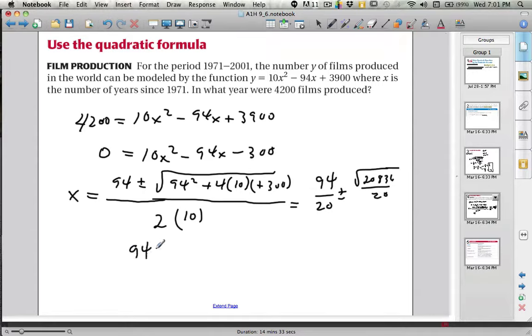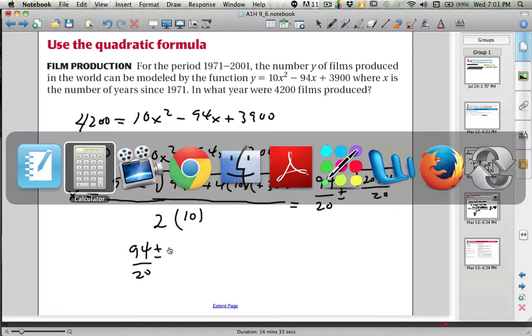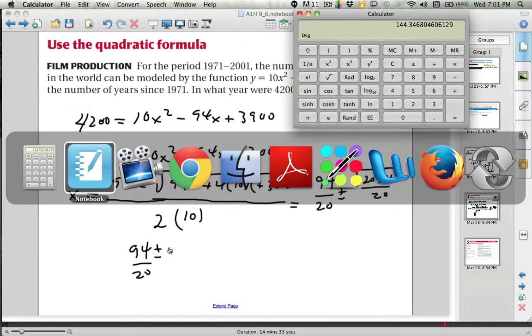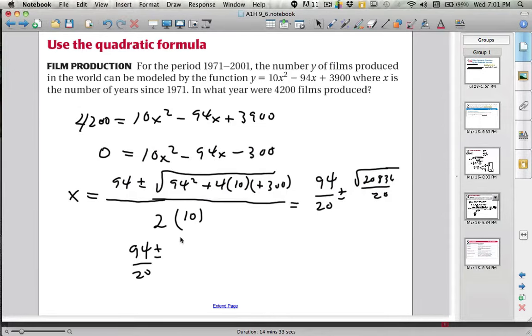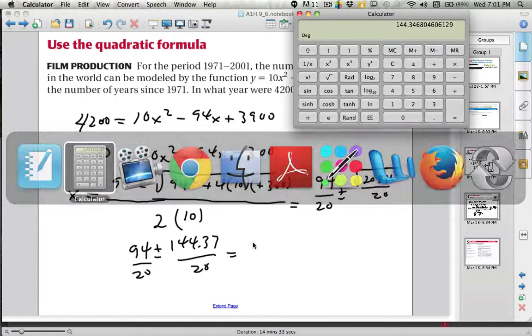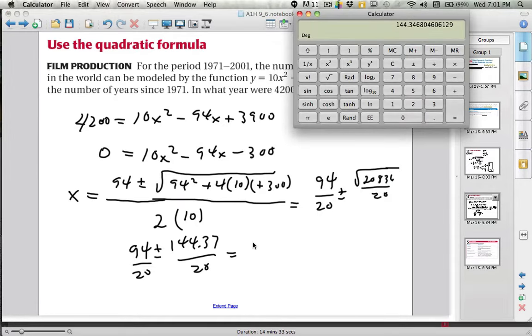So I have 94 plus or minus 144.37 over 20. So let's go ahead and add 94 to that.